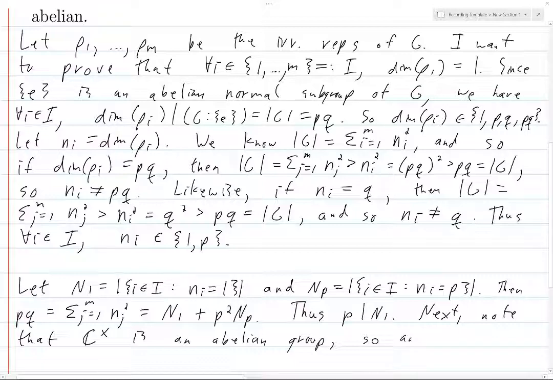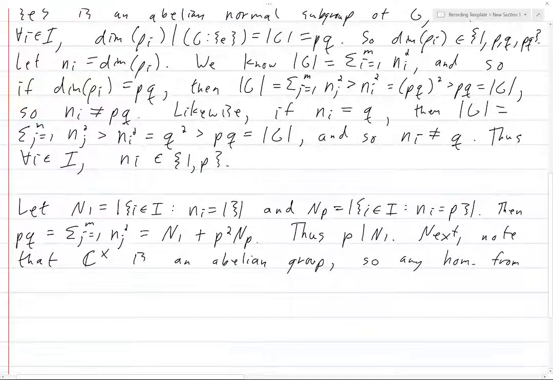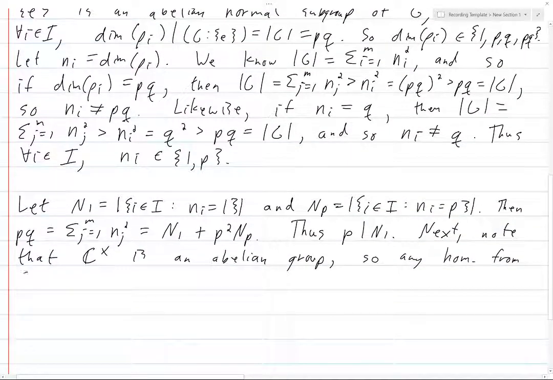See here. Any homomorphism from G to C cross, or C times, whatever, factors through G mod G prime, where G prime is the derived subgroup of G, or the commutator subgroup of G, whatever you want to call it.